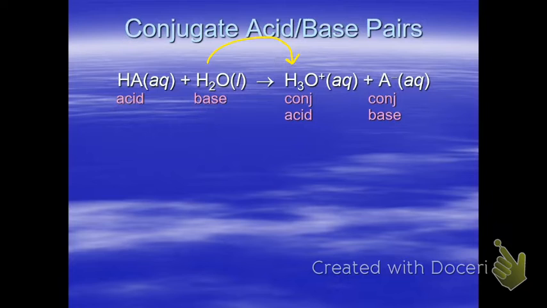From left to right, it is accepting another hydrogen. Where did that hydrogen come from? It came from the acid. The acid gave its hydrogen to the base. And when it accepts that hydrogen, it becomes H3O+. Whatever the base turns into after it accepts that hydrogen is called a conjugate acid.